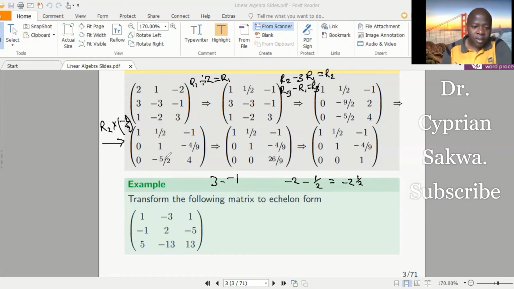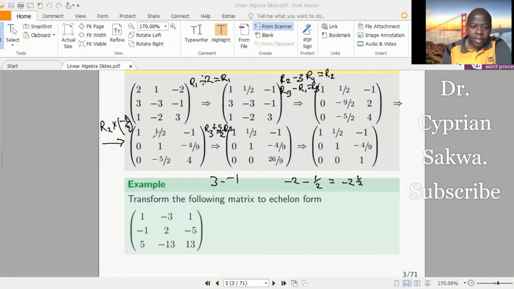To create a 0 here, I need to take row 3 plus 5/2 of row 2. That will give me the new row 3.